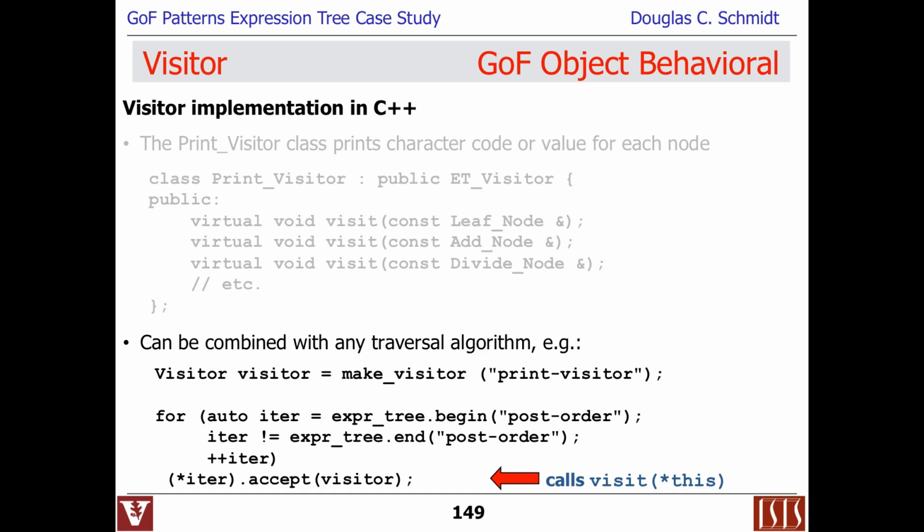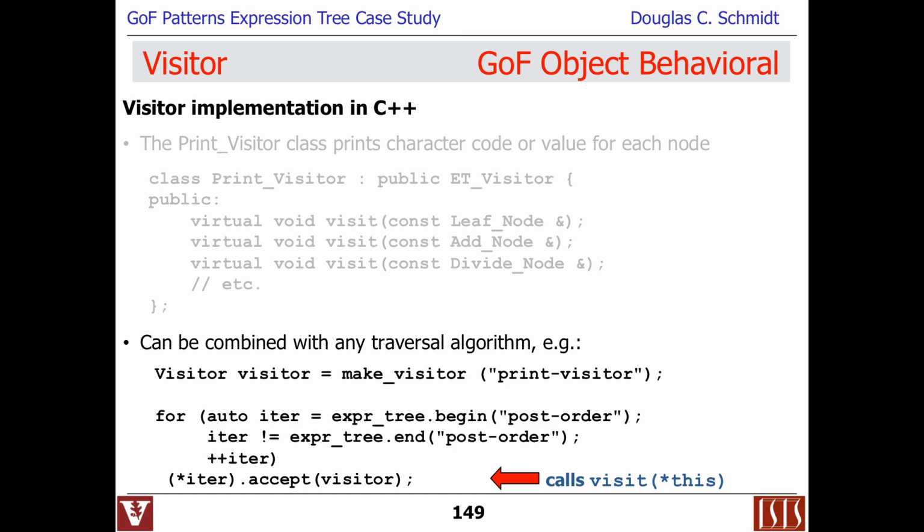So our iterator is pointing to a specific node type. Yes? And when we dereference it, we have the node type, which is a class that has a vtable, and it has its own accept method. So more specifically, let's make this real specific. Let's say that this function gives you back a component node pointer, right? So component node is the root of the hierarchy. Component node has an accept method that's virtual.